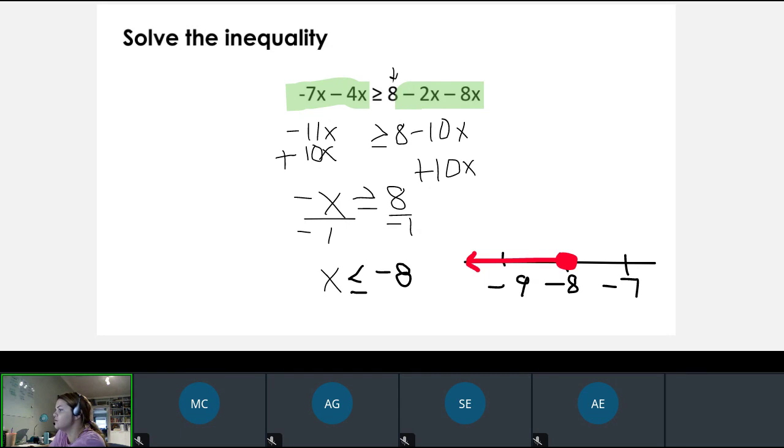If you multiply or divide by a negative, that's when you switch the sign. The x was negative, and we want to make sure that x is positive. Good question. Yeah, you're welcome.